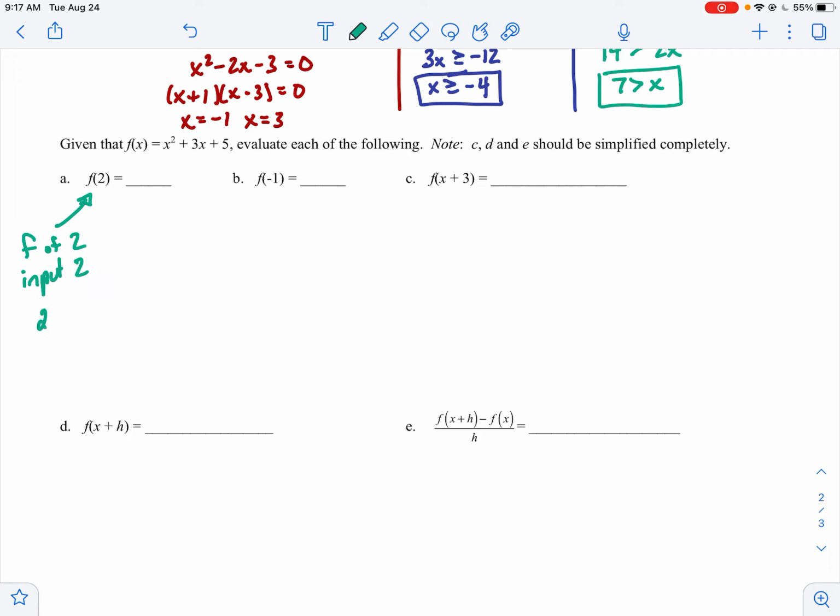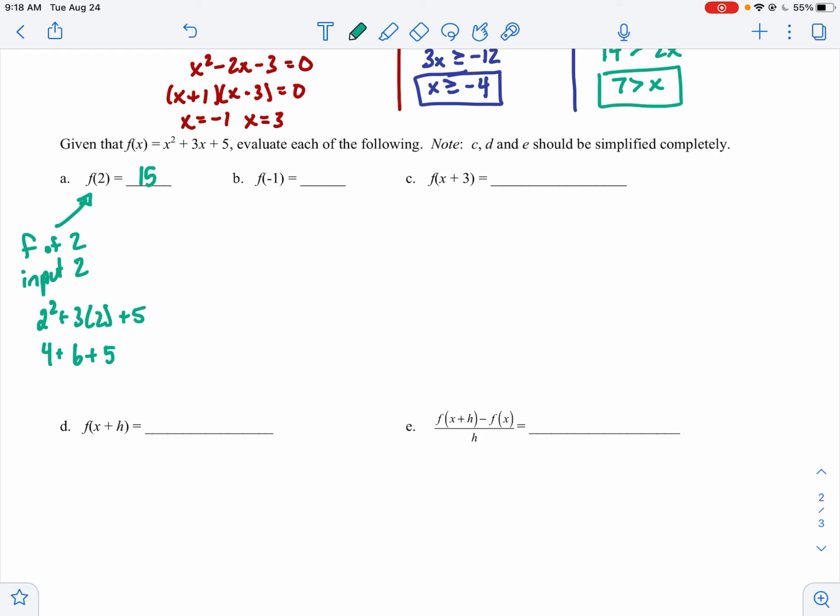So I'm going to do 2 squared plus 3 times 2 plus 5. So that would be 4 plus 6 plus 5. Except I just wrote 15 because I was a step ahead. My answer is 15.